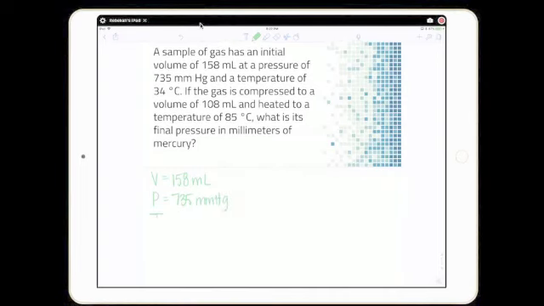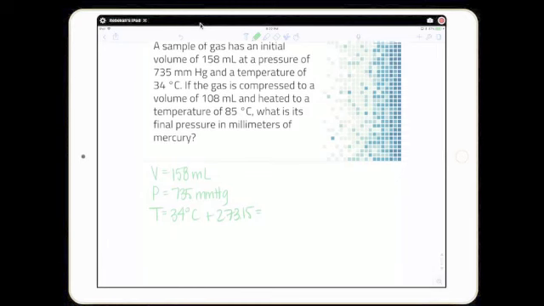They tell me a temperature 34 degrees C. Now, every time I see a temperature, I'm going to change it to Kelvin. Every time. So I'm not even going to wait and see what kind of equation I'm using. I'm just going to go ahead and add that 273.15. And I get 307.15. And I'm going to remember that this 7 is significant.